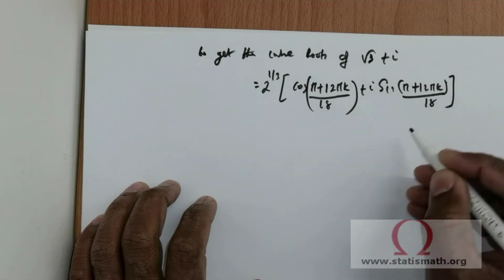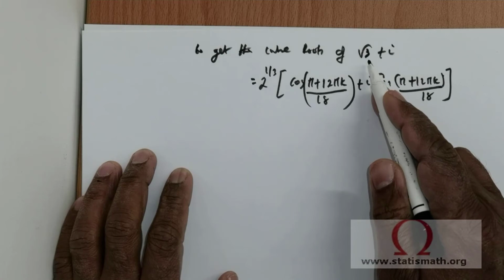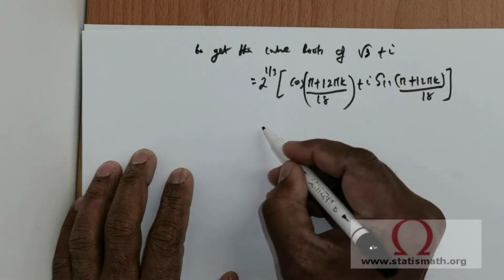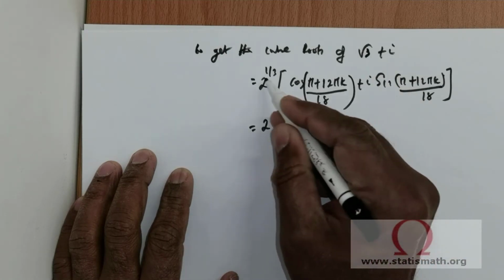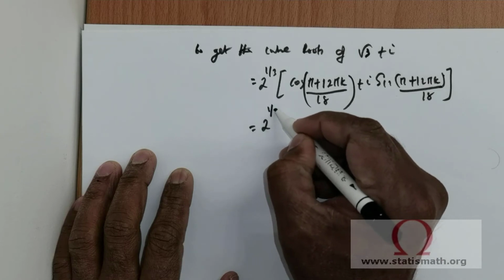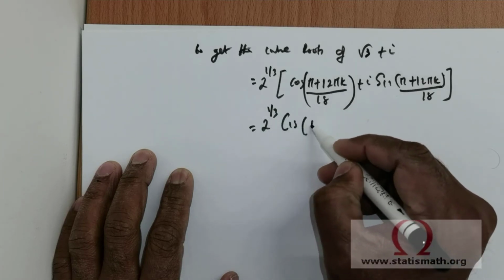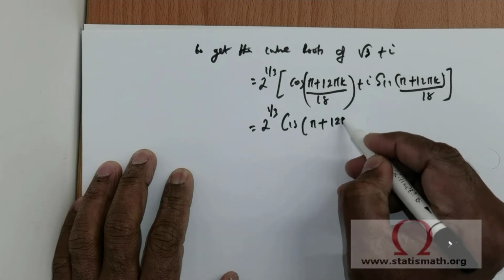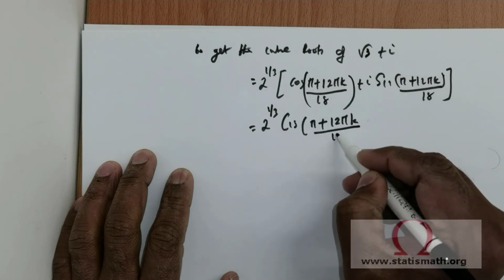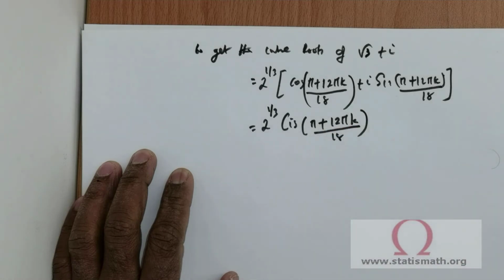This is the formula we would be using to get the cube roots of √3 + i. I have already given you a representation that this entire thing can be rewritten as 2 raised to the power 1/3 of cis of (π + 12πk)/18. This is simple because we can't always be representing it with such long terms, so this would simplify the result to a greater extent.